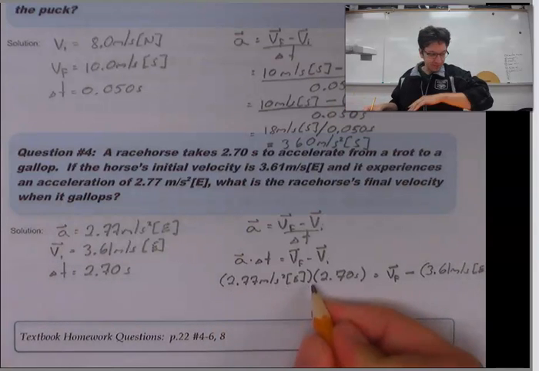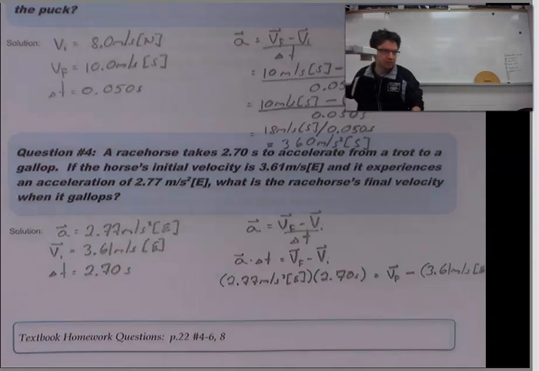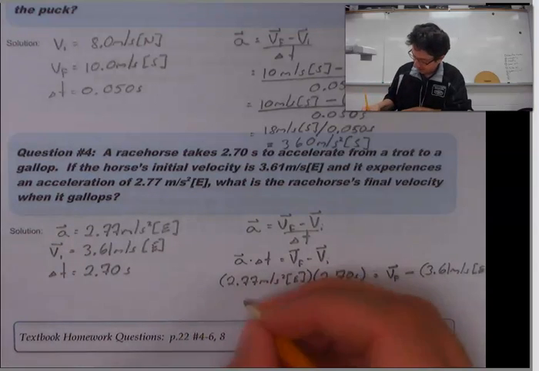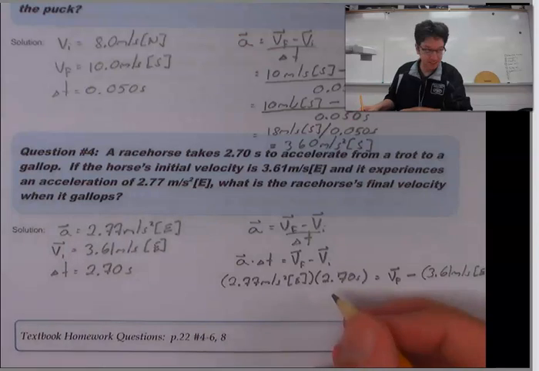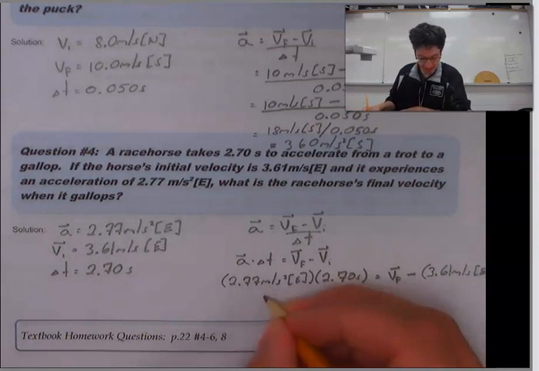Okay, 2.77 times 2.7. Just grab my calculator. Okay, and I'm going to keep a couple extra digits. I'm not going to do significant digits yet. That should be done at the very end of the question.